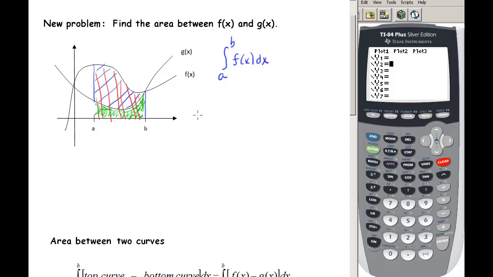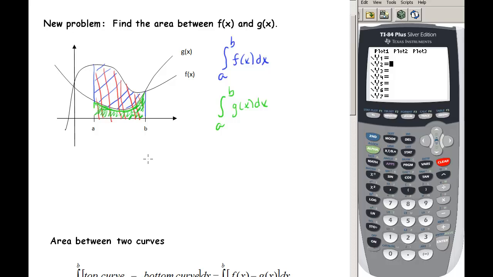And we actually know the area of the green region. The green region has area, we go from a to b, but the function we're looking at between the x-axis and our function, this time it's g of x. So if we're trying to find just the area of that blue region, what we've got to do is take the red shaded region and subtract off the green shaded region.